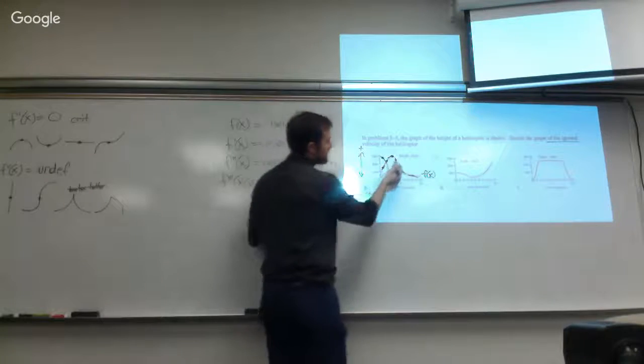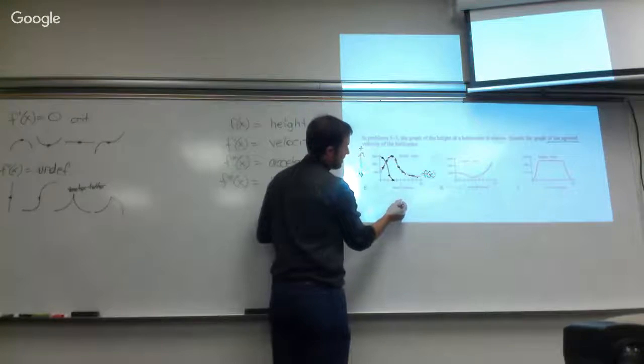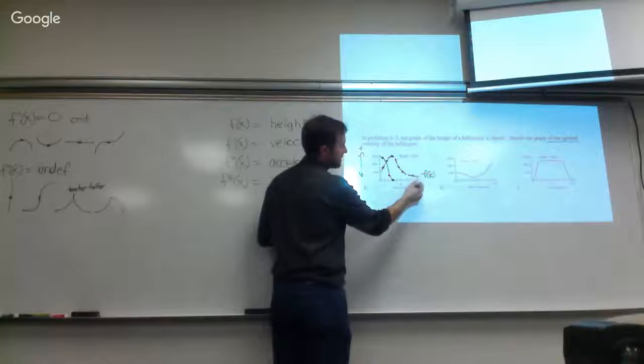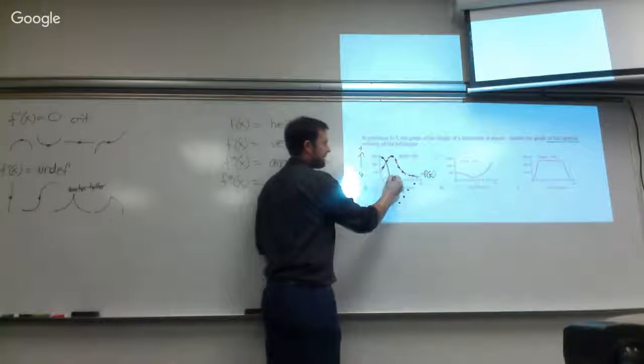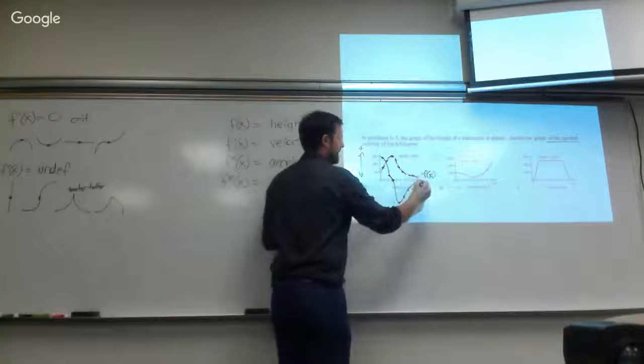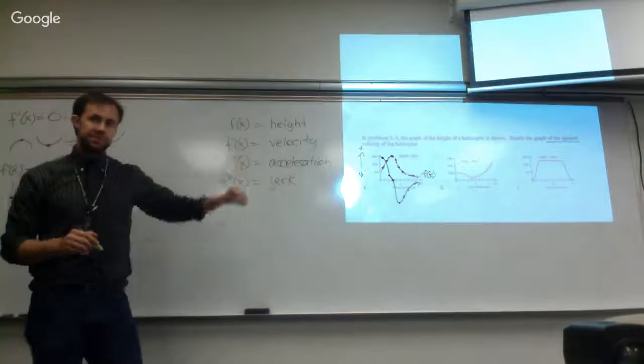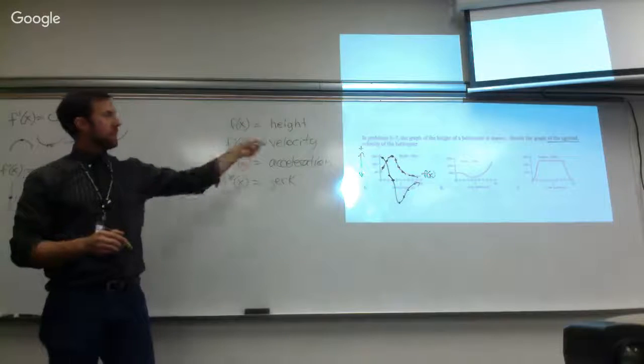So likewise, right here it's very steep, so I'd give it a very large negative value. Here it's still quite steep, but not as much. And here it's leveling off, and then here it's barely any velocity at all. So then I would connect these dots, and that would tell me what to do. Probably better to take a whole bunch of individual snapshot points of steepness and then connect them.